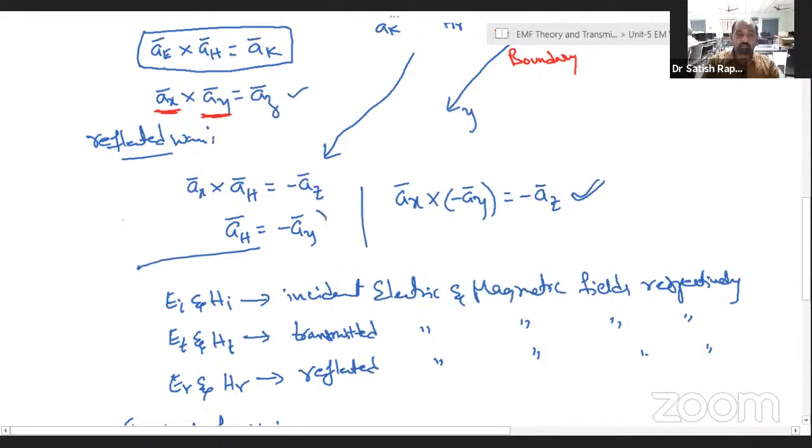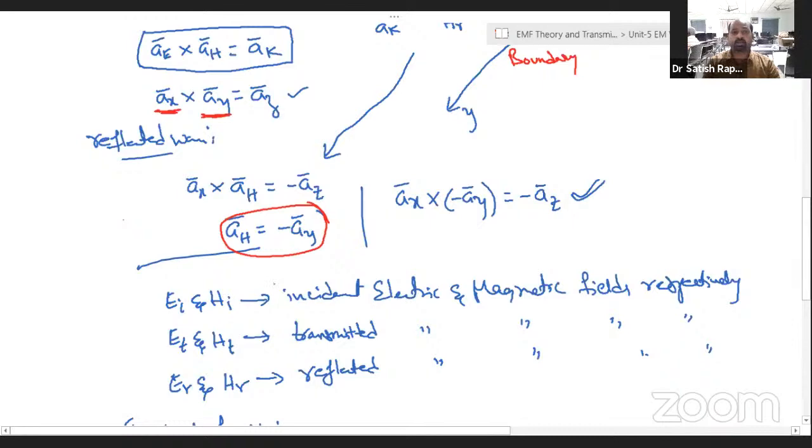When the direction of the magnetic field changes, the direction of wave propagation also changes, and vice versa.